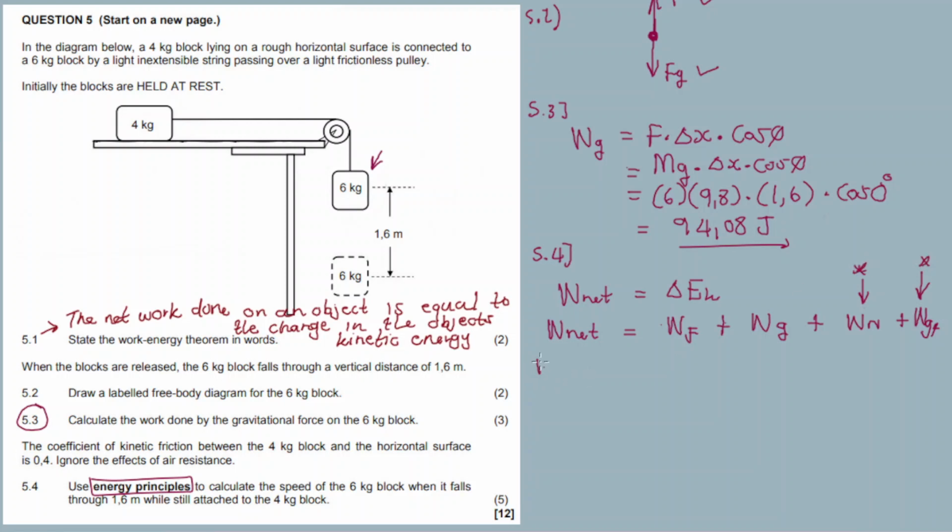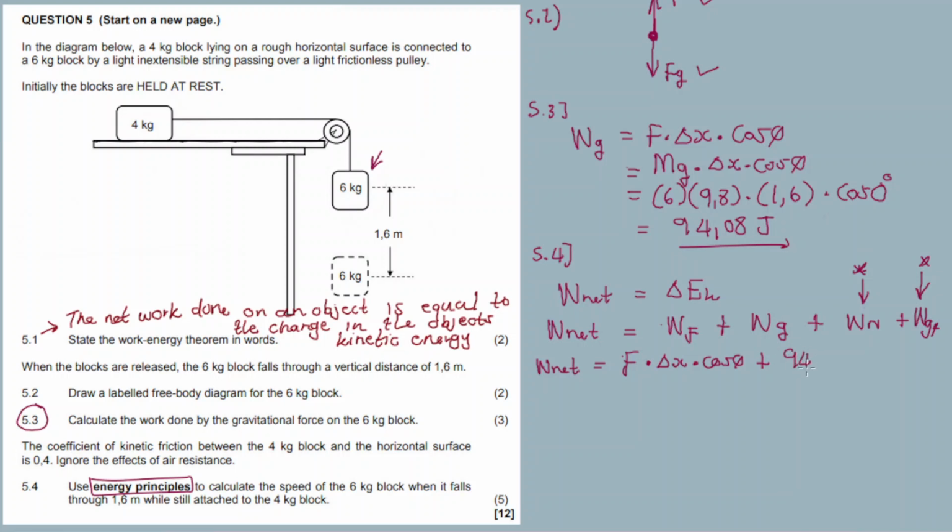So this net work is equal to the work done by the frictional force, it's mu k, right? Alright, let's go step by step. It's the force of friction times delta x times cos theta, plus the work done by the gravitational force is what?